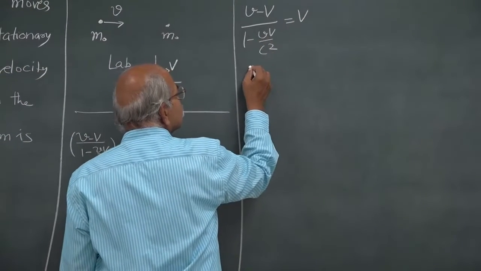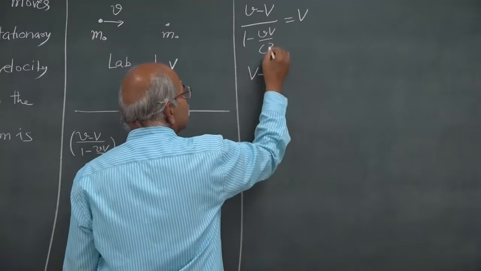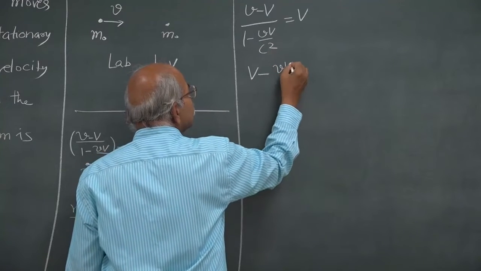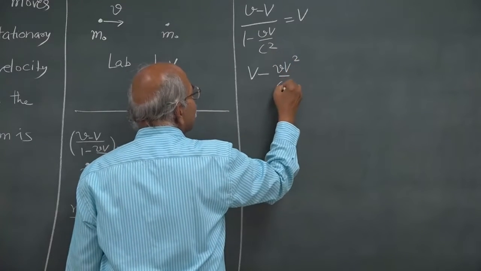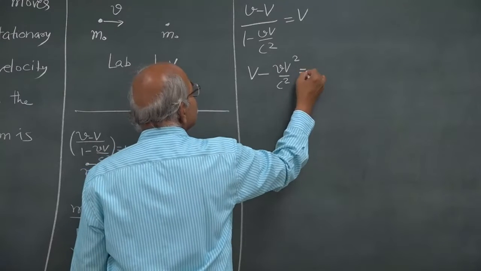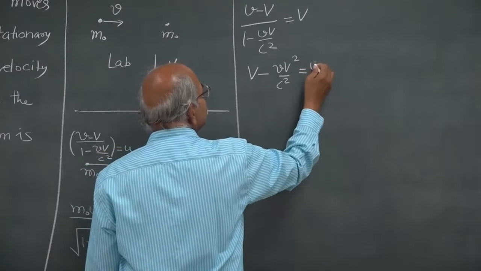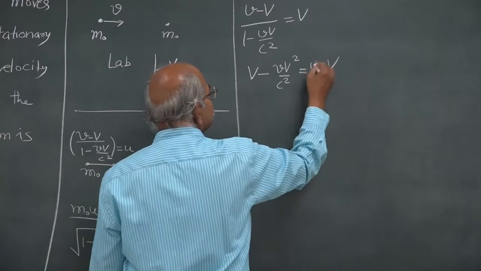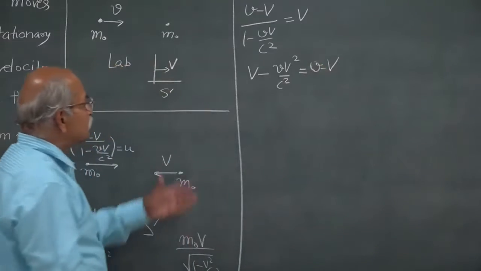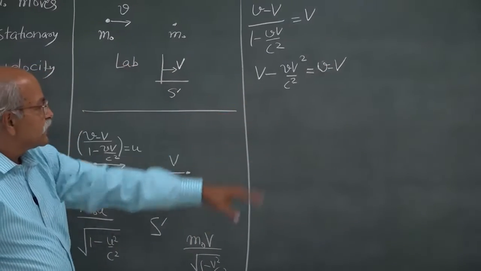It is v minus small v capital V square by c square is equal to v and minus capital V. So, let us take everything to the right hand side.